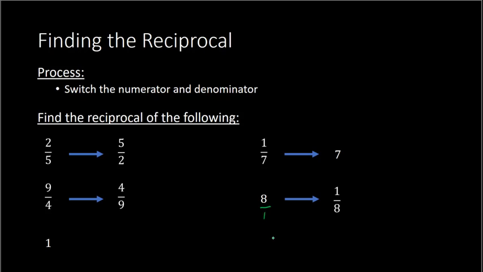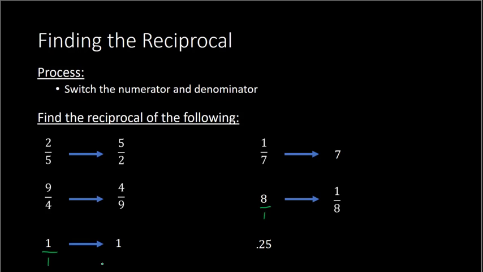Now the number 1 we can think of as 1 over 1, same thing, and if you flip the top and the bottom, you would still have 1 over 1, which would equal 1. So we've verified that the reciprocal of 1 would be itself. Now if you had a decimal, let's say 0.25, and you were told to find the reciprocal, it's probably easiest if you think of this as a fraction.